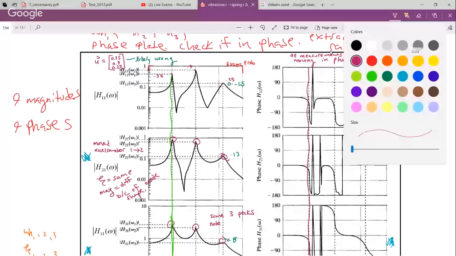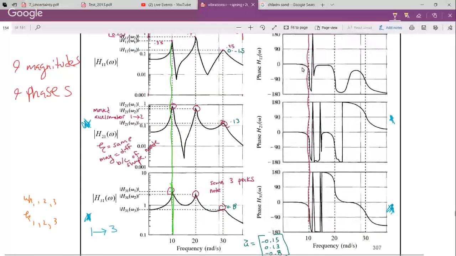The most important thing is to draw a vertical line at that second mode, and then at that same frequency draw the other vertical line, and write down that everything I need for this is obtainable along these two vertical lines.